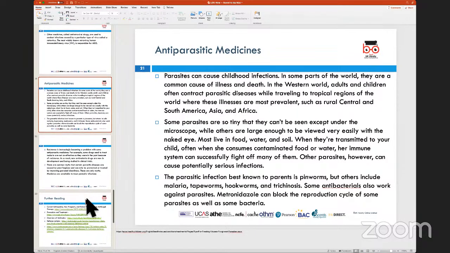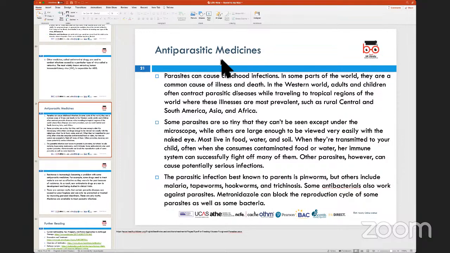The last type that we want to look at is anti-parasitic medicines. Now, parasites are generally present in the body or can be seen with the naked eye. Parasitic infections normally happen when we consume food which is infected, or get in contact with contaminated surfaces, say, in open spaces.